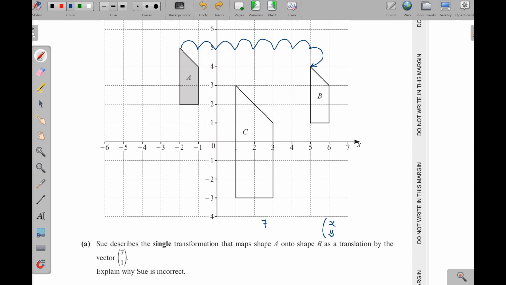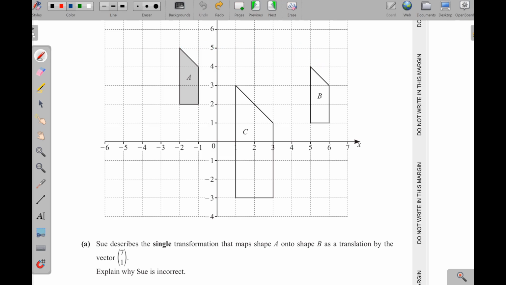Now, here, since we moved to the right, okay, this is positive 7, okay? And then this one, we moved down. So it is supposed to be negative 1. But this person has 7, 1. So if you put 1 here, that means this person moved up instead of moving down. So what shall I say?